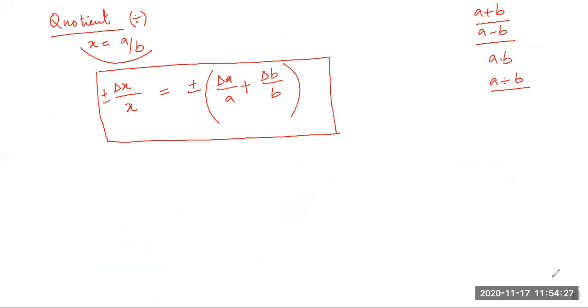Okay, then yet more interesting thing, students. Now the fifth case. What is the fifth case? Error in case of a measured quantity raised to a power.